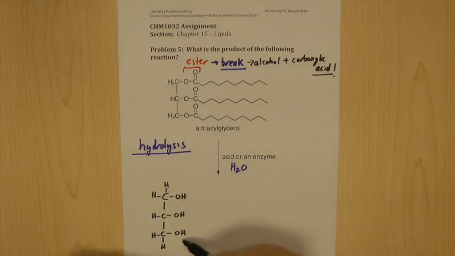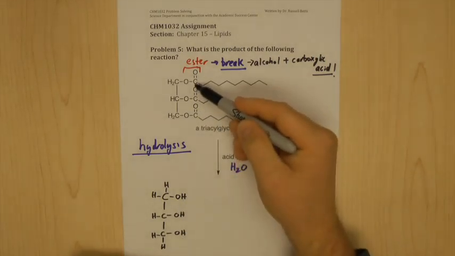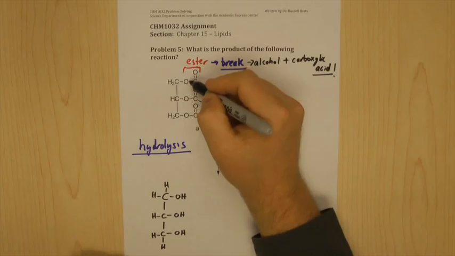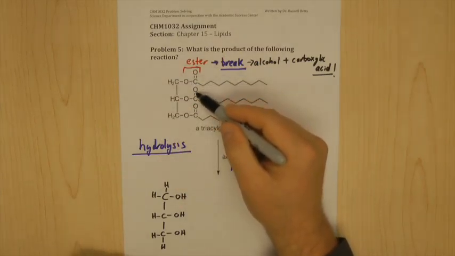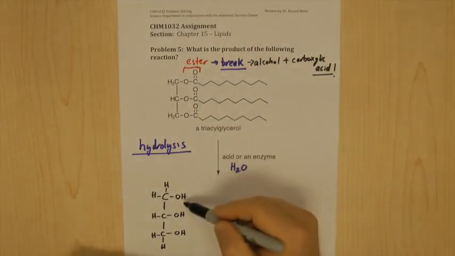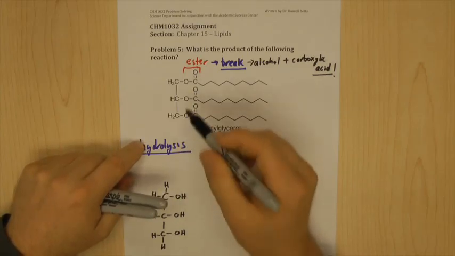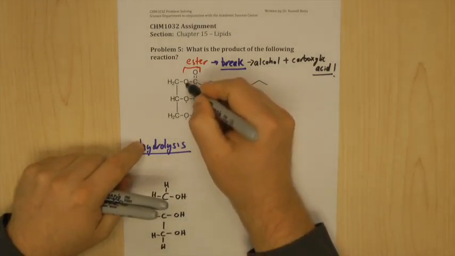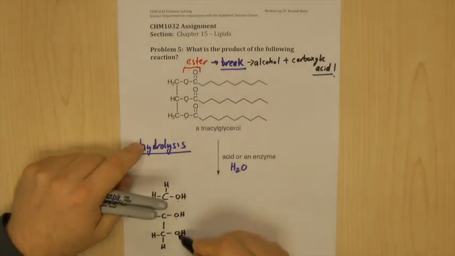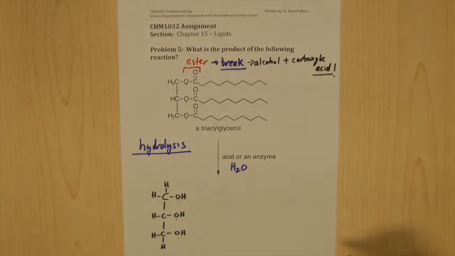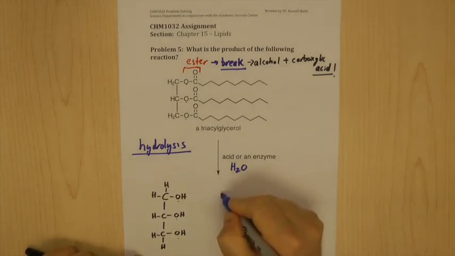So here's my alcohols. Okay, I broke this bond. That's fine. I broke this bond. And here's my alcohol. So here, this oxygen here, let's put little dots by it. Those are right there. Okay? And I'll use blue this time to differentiate. I'll get a carboxylic acid.